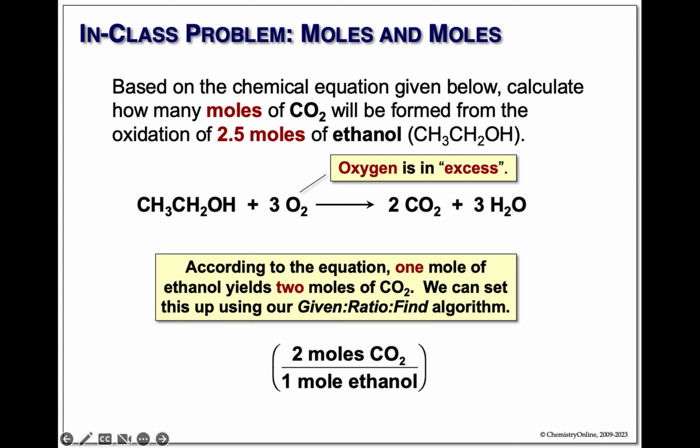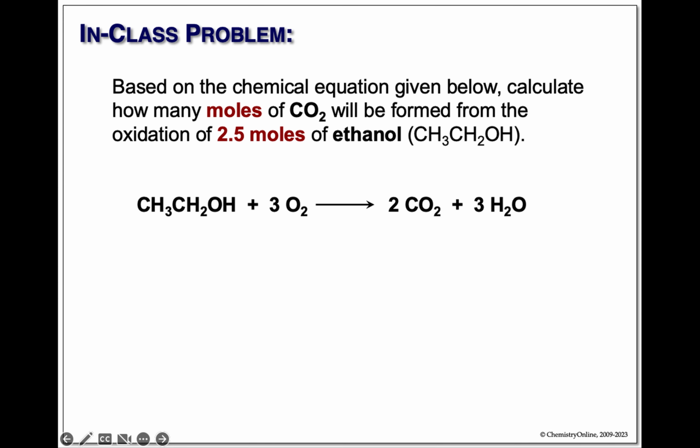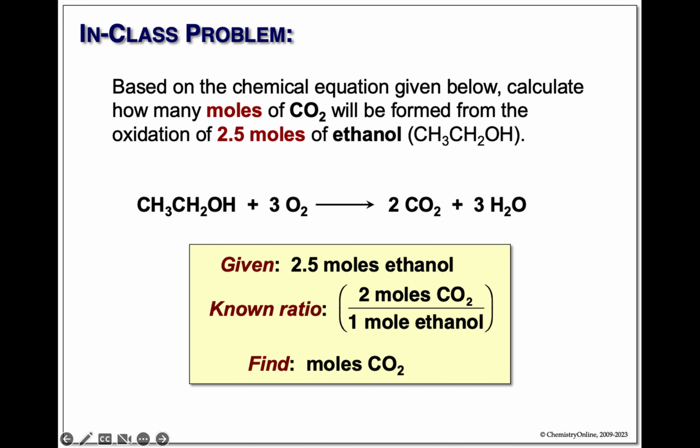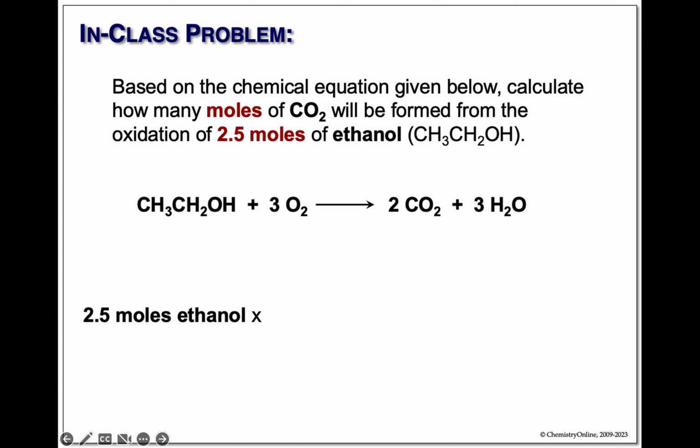All right, so we can do it this way. We are given that we have 2.5 moles of ethanol. Our ratio, 2 CO2s for every ethanol, and of course we're trying to find CO2. Start off with our given.